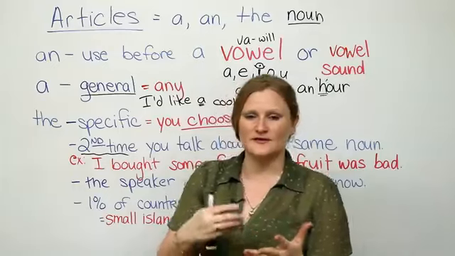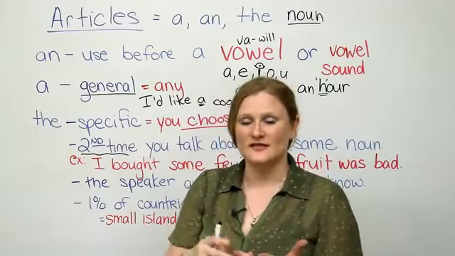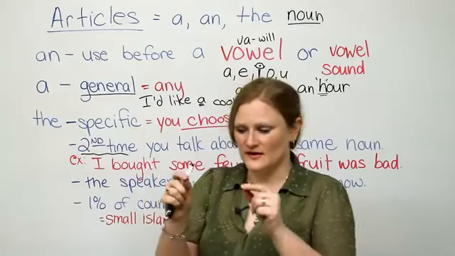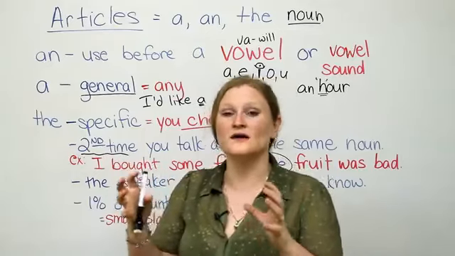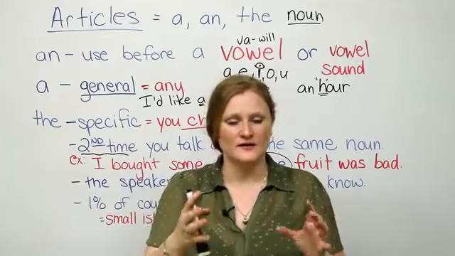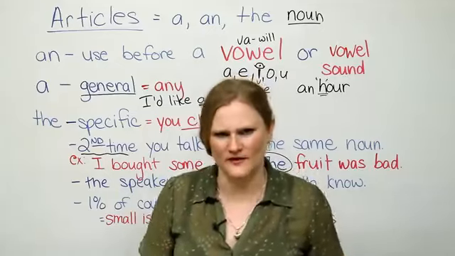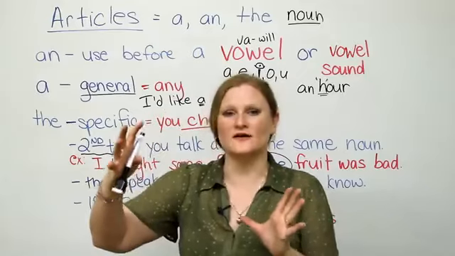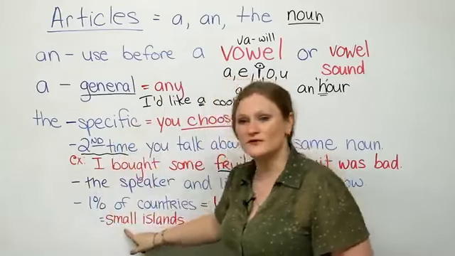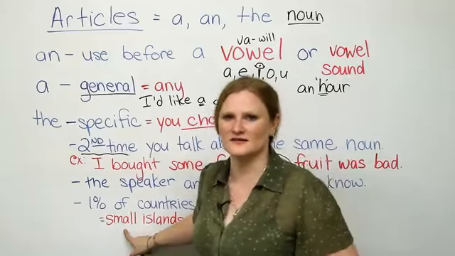Another example would be the West Indies, the Canary Islands. These are all places that have small islands that form one country. So if you look at Japan, for example, Japan has maybe 5 or more islands, but they're quite large. So we cannot use this as the Japan. They have to be very small islands.